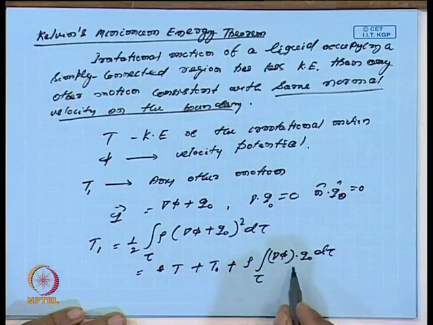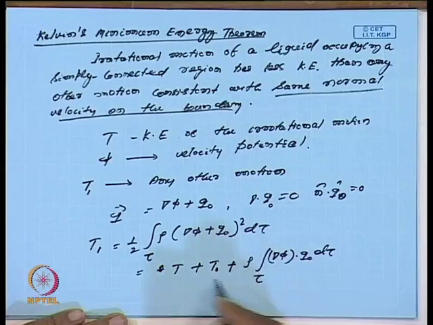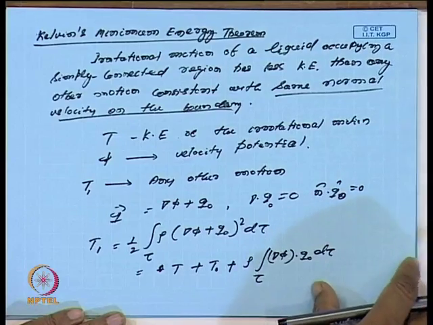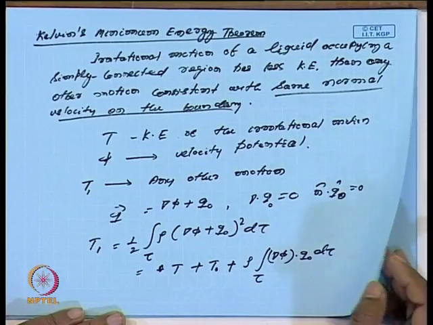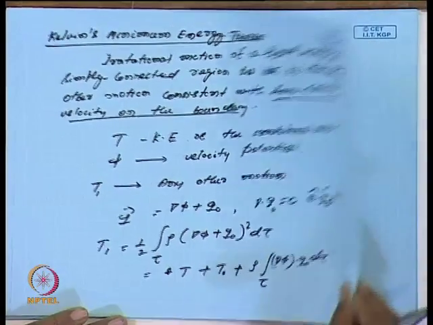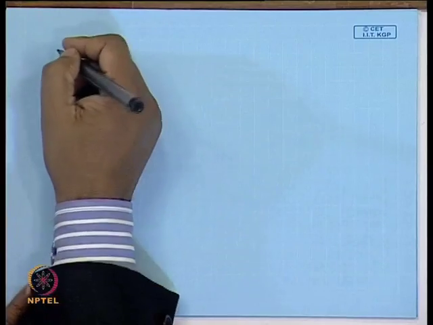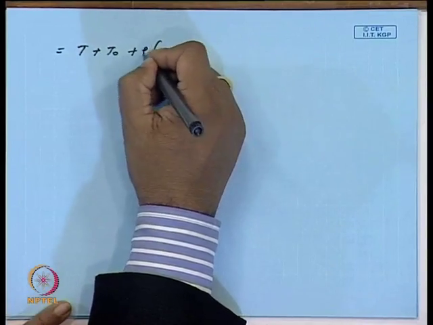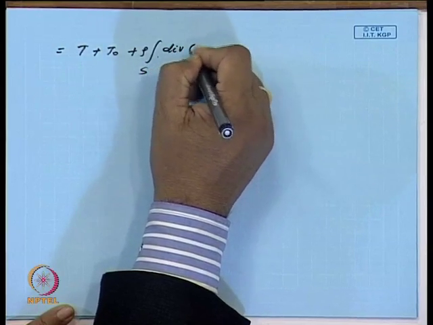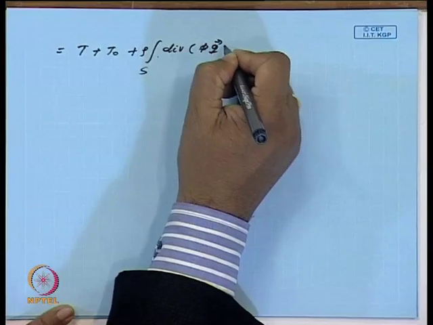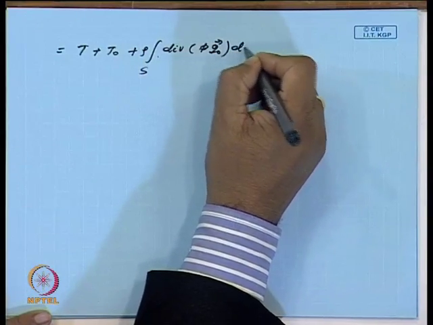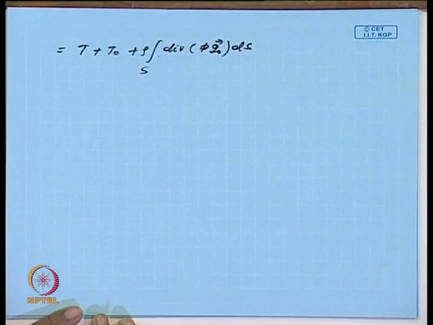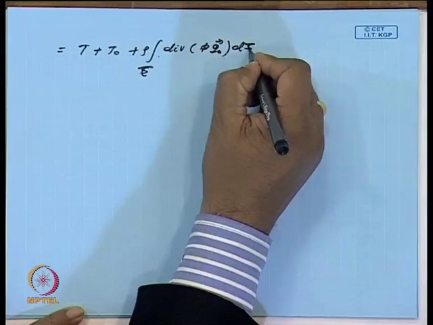The identity says that if I utilize this result, which I can always write related to q bar dot grad phi, where phi is the velocity potential, this is equal to T plus T naught plus integral over tau rho times divergence of phi q bar d tau.